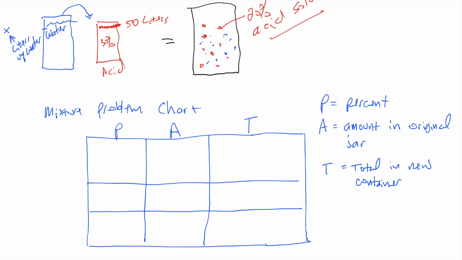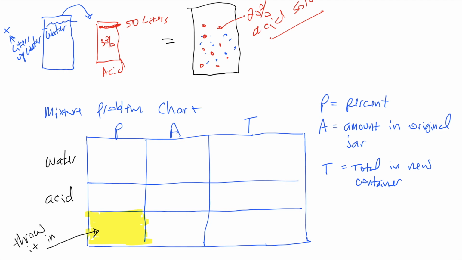Over here you just put each thing. What's liquid number 1 called? Water. And what's liquid number 2 called? Acid. Then you throw the number in the shaded box, and they might give it to you in the problem.